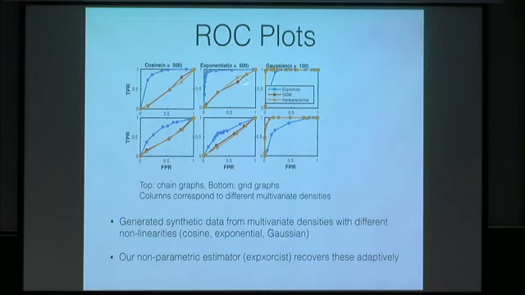But when it's non-Gaussian, they perform pretty badly, close to random. These are the ROC plots with respect to estimating the edges of the conditional independence graph. Our estimator is actually adaptive. I don't tell it that it's cosine, exponential, or Gaussian. It's pretty adaptive to all these different settings under very sample-starved settings.